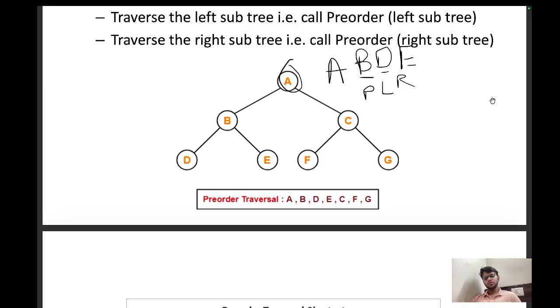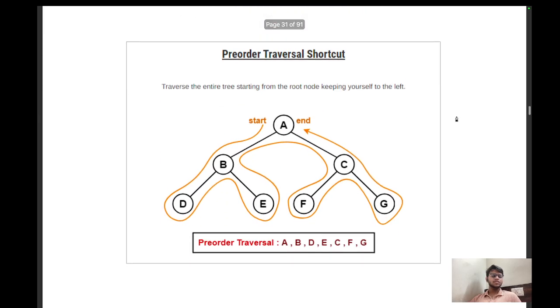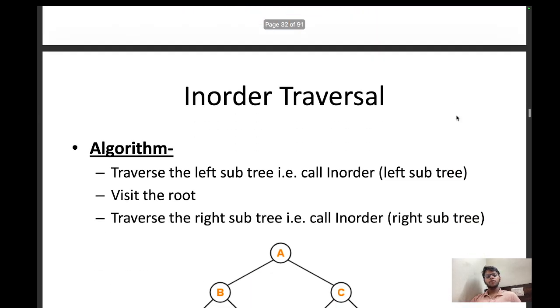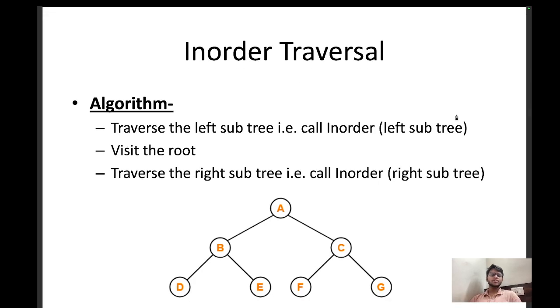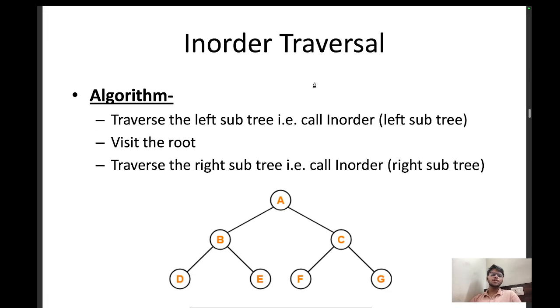So this was the pre-order traversal, and now we try to learn what is in-order traversal. In in-order traversal, we follow the sequence of L, P, and R. So what is LPR?